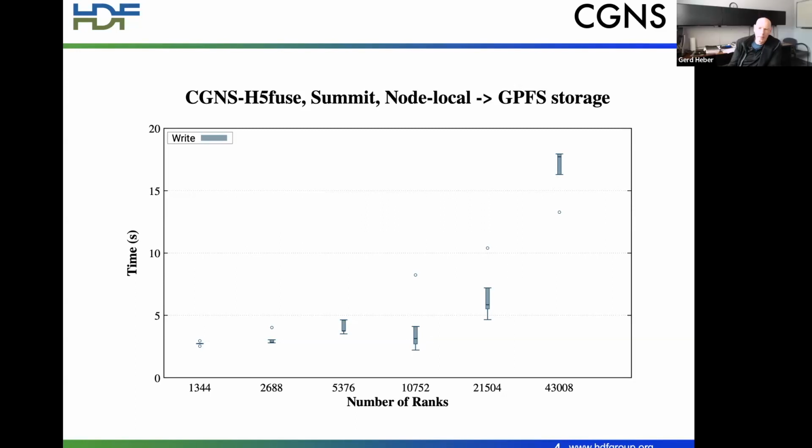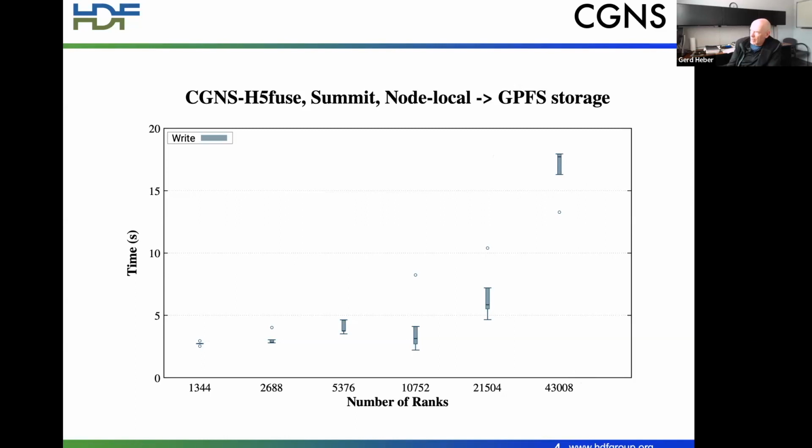Right. And that's contention on the network or whatever. If you have other people writing to the GPFS storage system, that can interfere, especially at this scale. It seems very sensitive to whether users are doing it when you're using a lot of the machine.